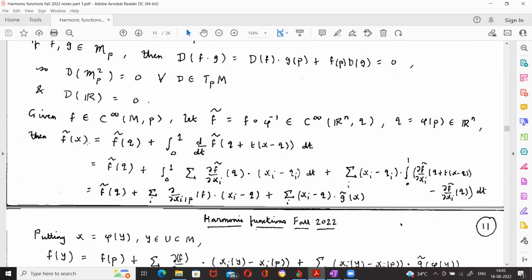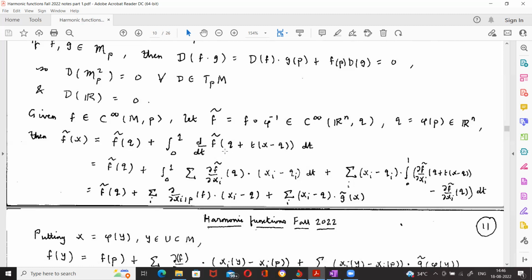So f tilde of x will be f tilde of q plus the integral from 0 to 1 of d/dt of f tilde of q plus t(x minus q) dt. Is this okay? This q plus t(x minus q) is the straight line from q to x, right? And then I'm restricting f tilde to this straight line. I'm differentiating and I'm integrating. So I'll get back f tilde, right? Yes, this is just the fundamental theorem of calculus.